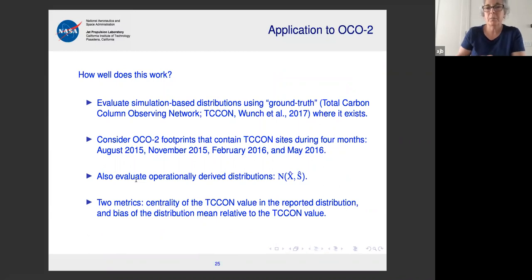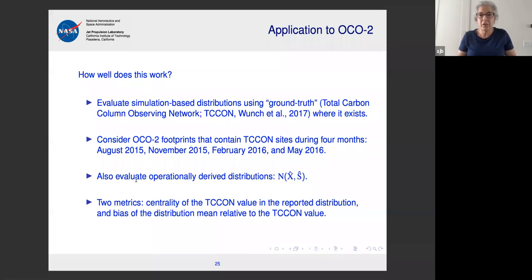And then we went to the places where there were actual ground measurements from a network called the Total Carbon Column Observing Network, TCCON, and asked ourselves, well, are those actual TCCON observations, which we will pretend are ground truth, even though they too come about from a retrieval of their own, where do those things sit within these distributions that we derived for the footprints that sit as close as we can get to those ground stations?